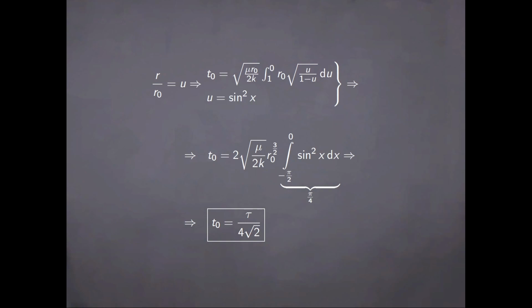If we use this transformation, then we can recast the integral in this form, and this is equal simply with pi over 4. So the conclusion is that t0, the time it takes for the two bodies to collide by falling upon one another, is the period of the circular motion divided by 4 times the square root of 2.